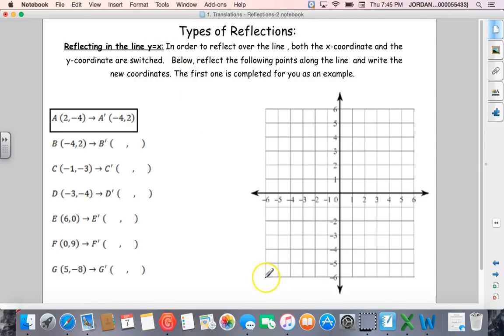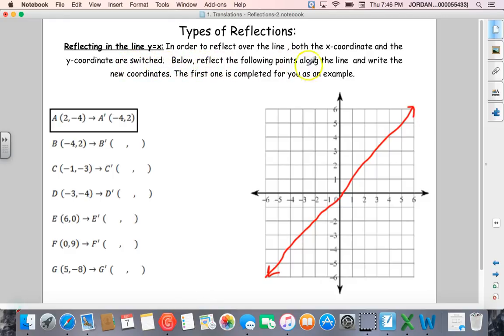So it's always going to go perfectly diagonally up through the origin, and right there's a good example of y equals x. Okay, so if we want to reflect across this, you can see right here it says, in order to reflect over this line, both the x coordinate and the y coordinate are switched, so they just swap places.